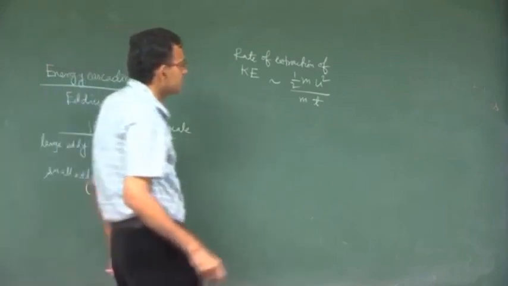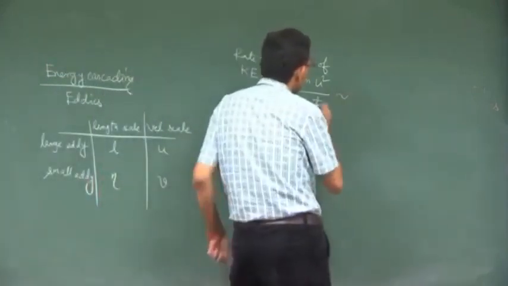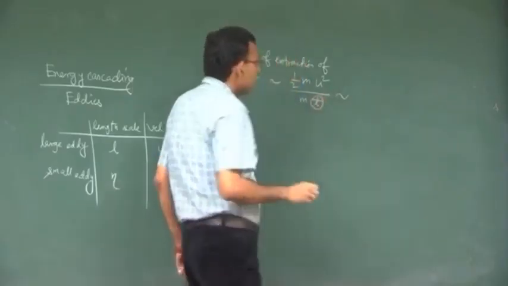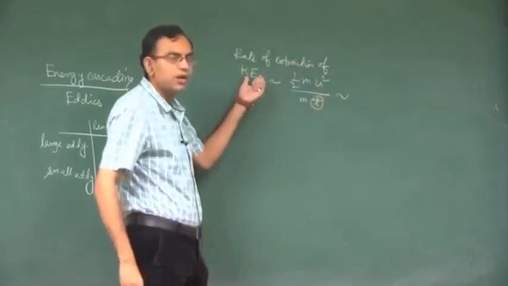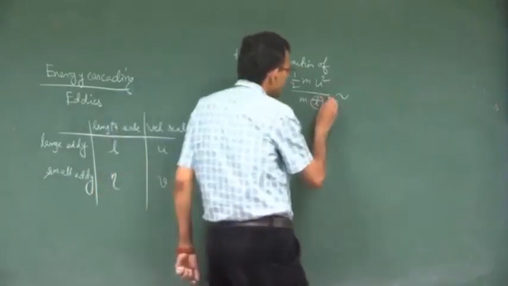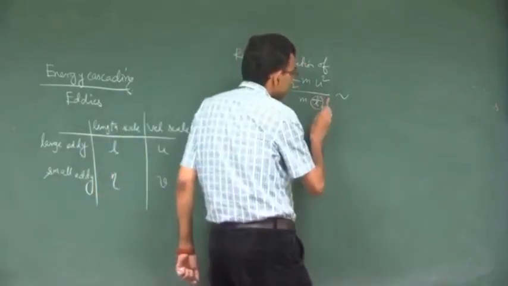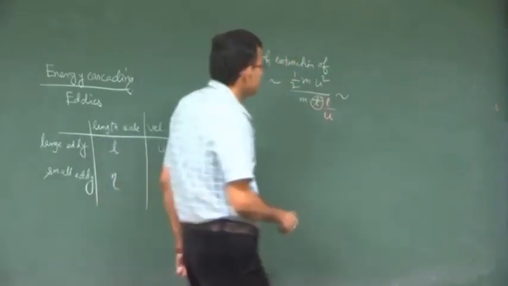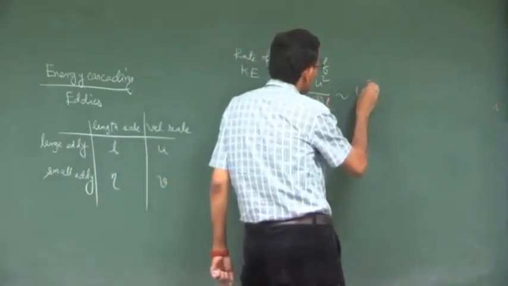So, this is of the order of, this T is what in a large eddy. So, this is important for large eddy. For large eddy the time scale is the inertial time scale. So, this becomes of the order of U cube by L.